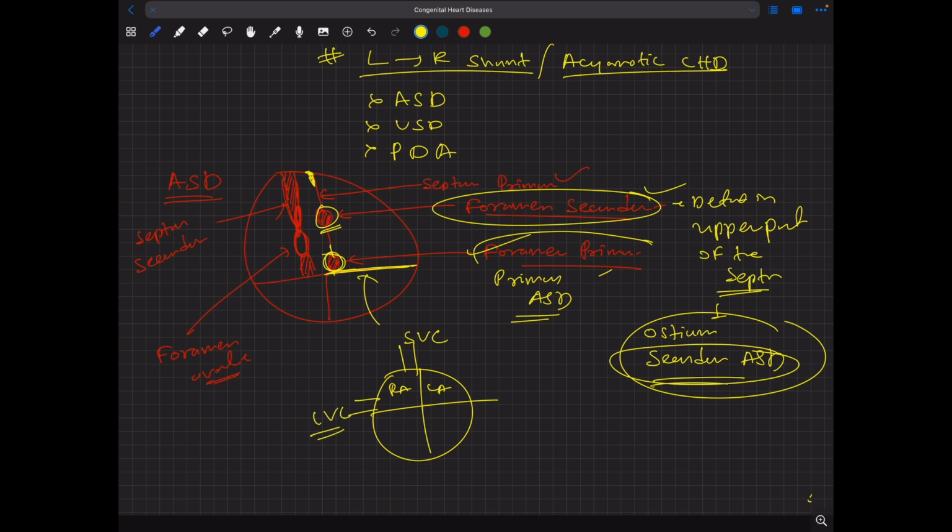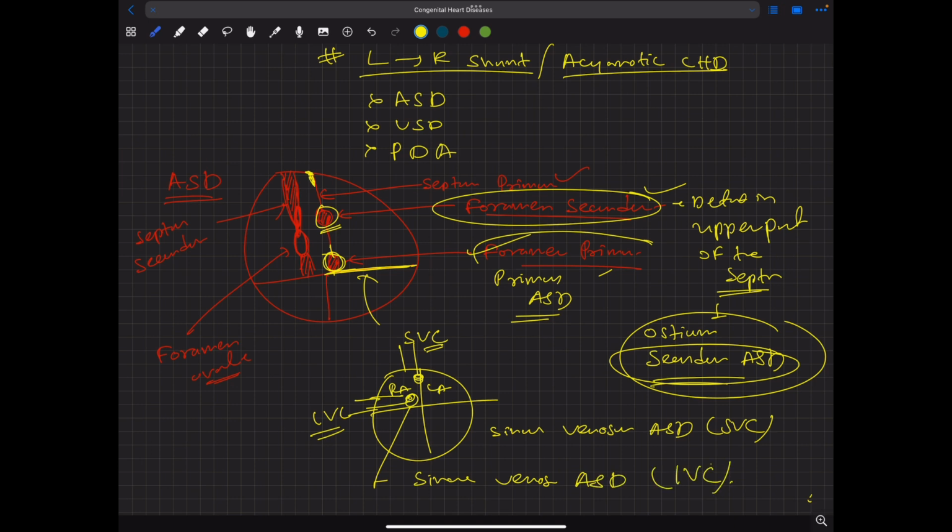Close to the superior vena cava, if we have a defect here, this is called sinus venosus type of atrial septal defect. Sinus venosus type of ASD is SVC type. If we have a defect here, connected with the inferior vena cava, it is called sinus venosus atrial septal defect associated with inferior vena cava.